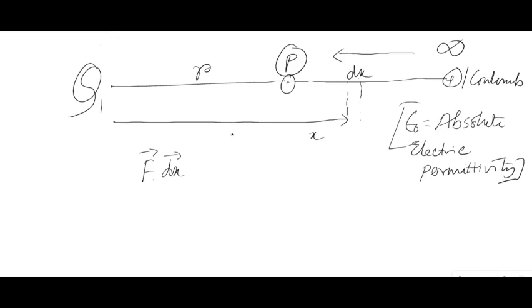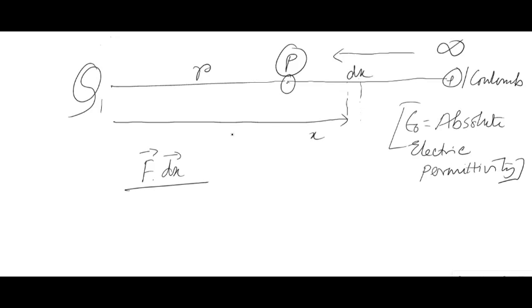So this is the value of infinitesimal work done for moving the charge in this dx length. That amount of work done is F dot dx.